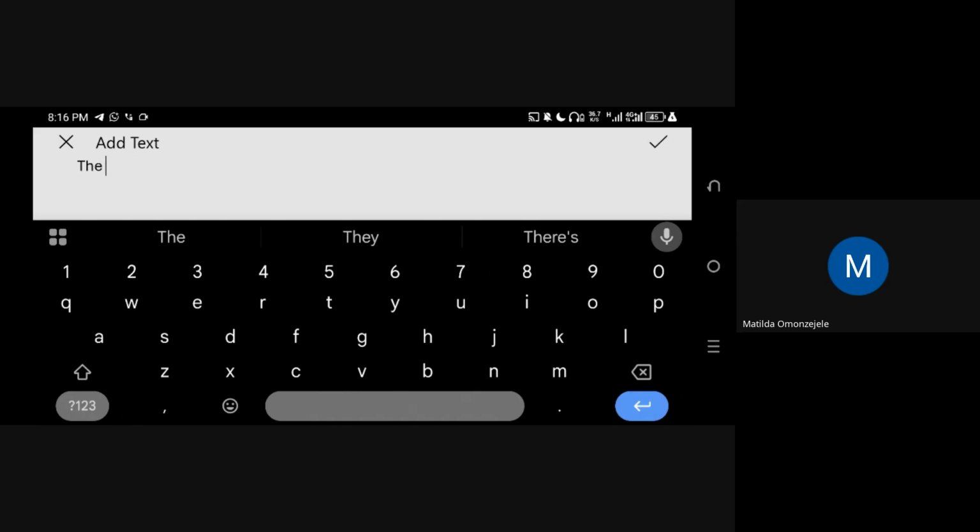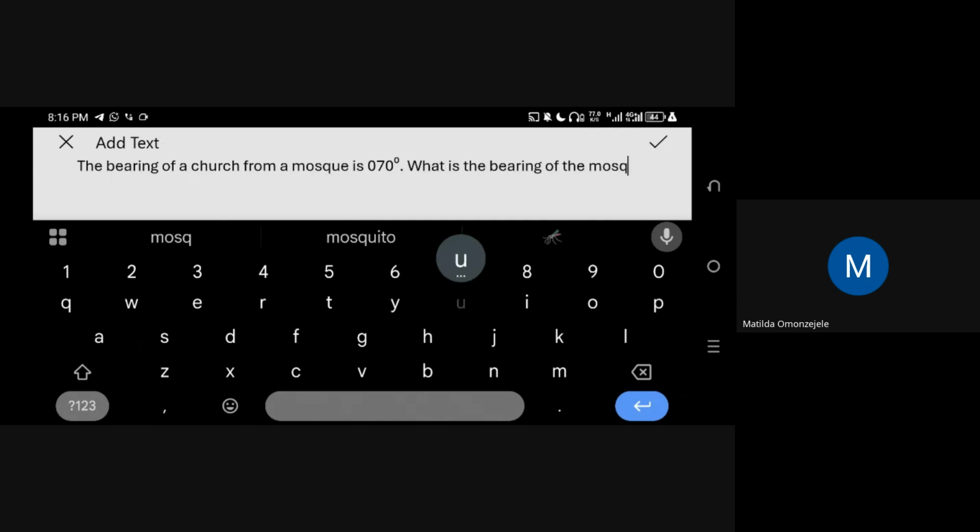The bearing of a church from a mosque is 070 degrees. What is the bearing of the mosque from the church?